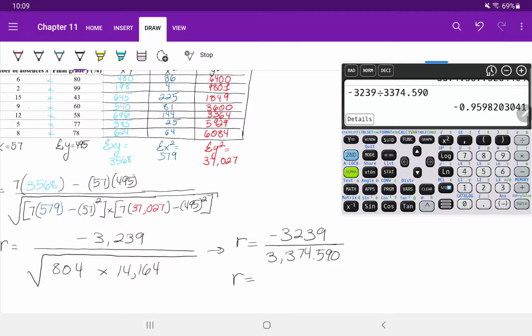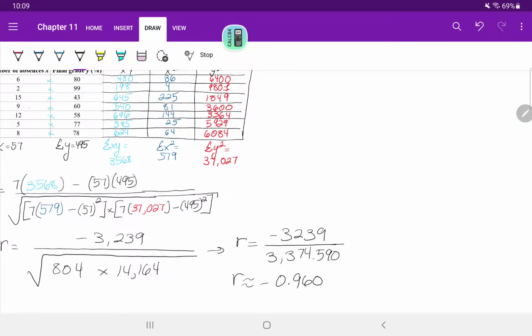And let's take three numbers after the decimal. So R is approximately equal to negative 0.960. Because that 8 makes that 59 round up to a 60. And that is our correlation coefficient.